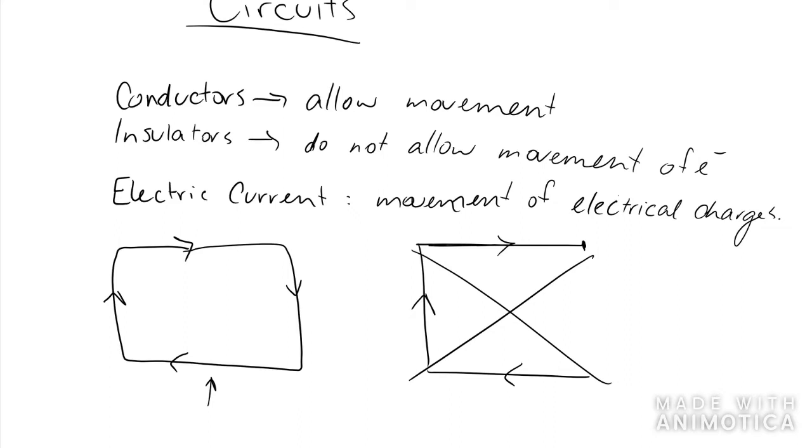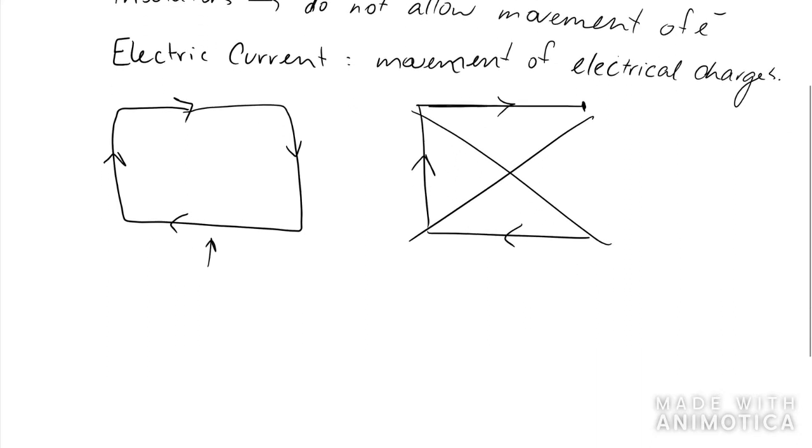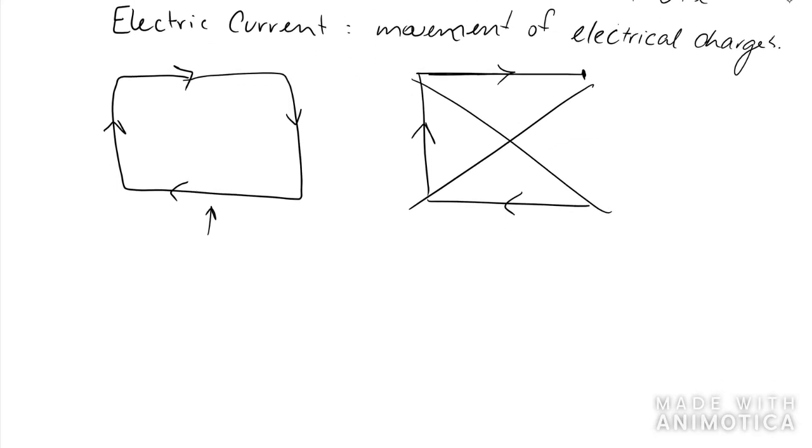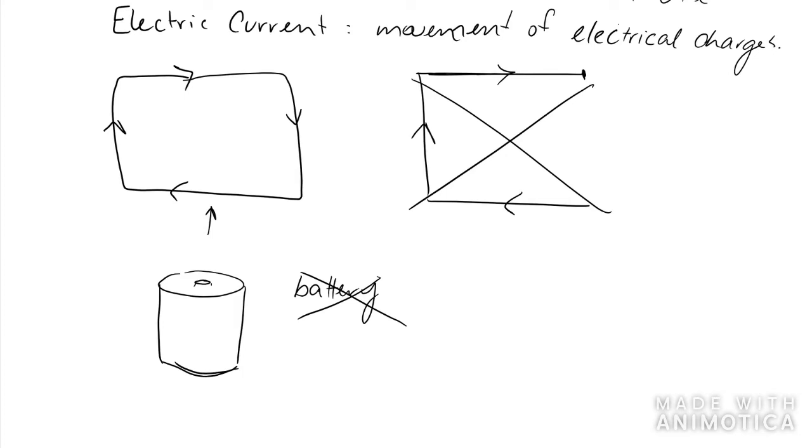I briefly spoke to a couple people about how I'm going to destroy how you think of common words a little bit. Anywhere in your house, I'm sure you can find something that looks like this, and you tend to call it a battery. In science, it's not a battery. It's a cell.